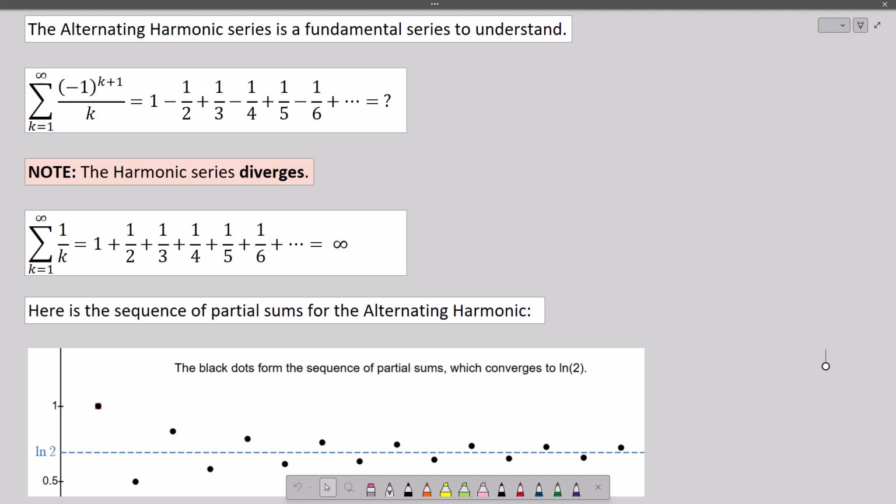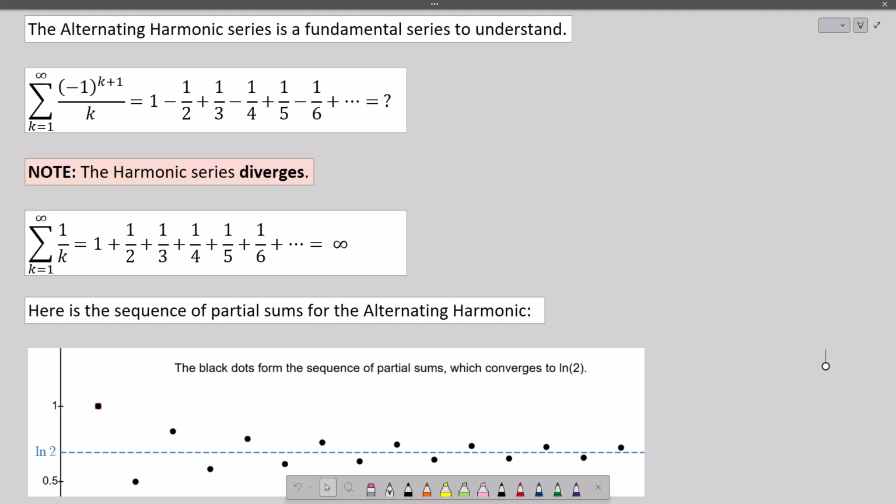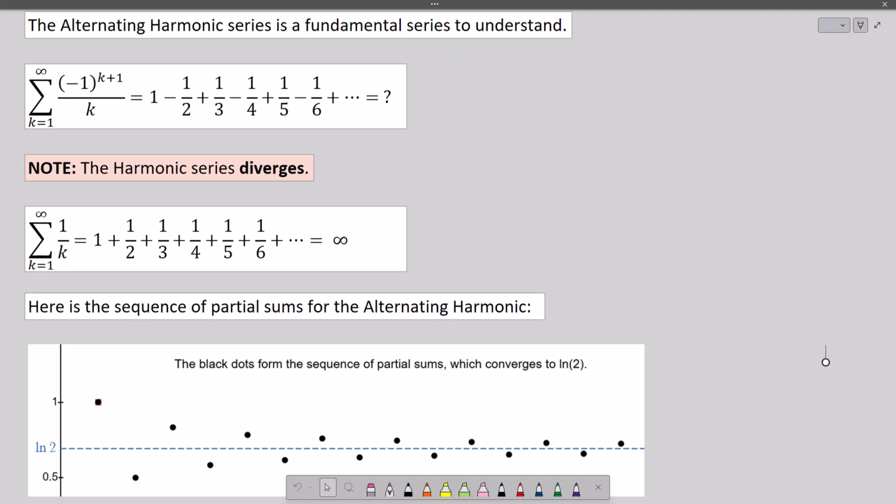So the question is, if you throw in these minuses, does it change the convergence? We know that the harmonic series diverges. Here's the alternating one. Does putting in those minuses offset some of the plussing to give you a finite answer, to give you a limit? Well, here's a picture.